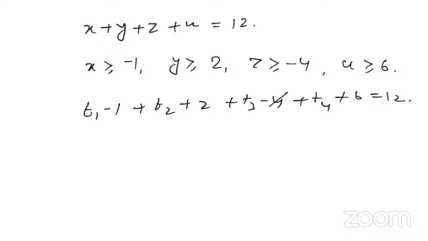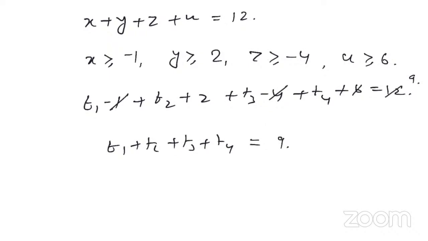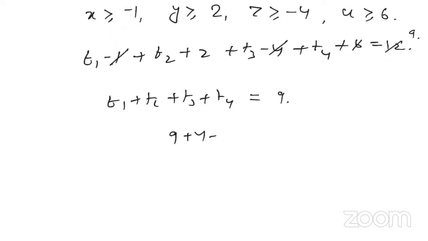This will be 1 plus 2, 3, this will be 9. T1 plus T2 plus T3 plus T4 is equal to 9. 9 plus 4 minus 1 C 4 minus 1 is your answer, 12C3.